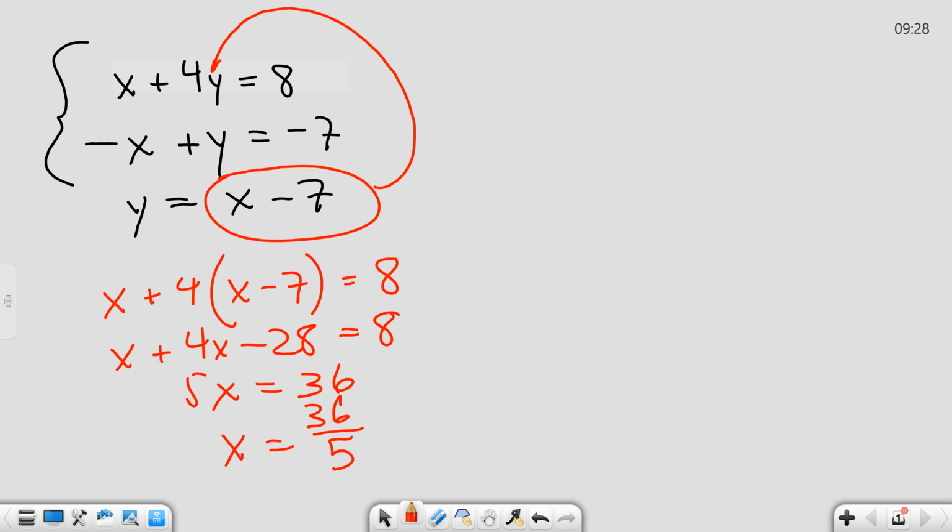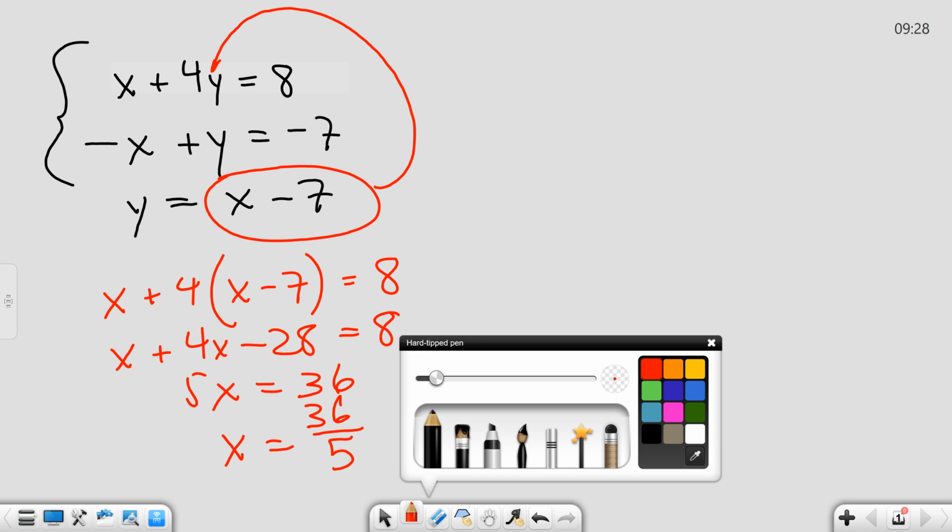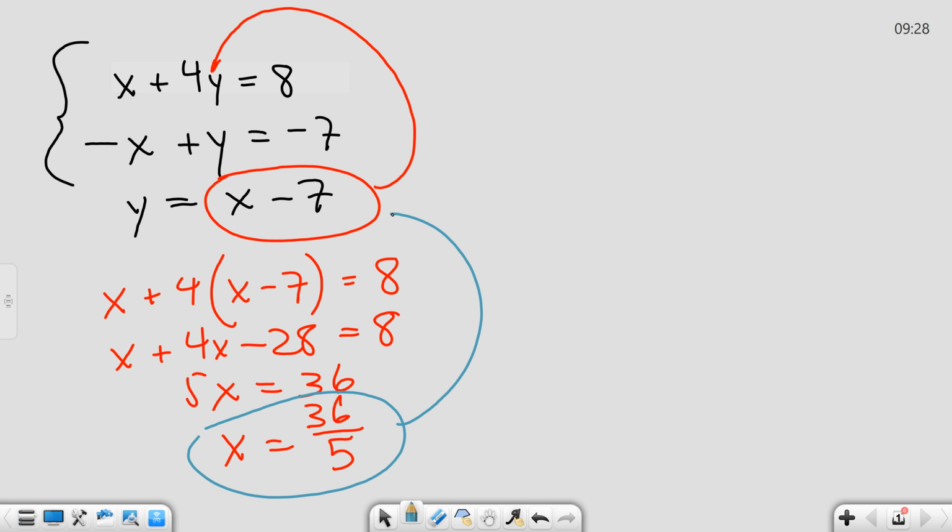How do I find y? Does it matter where? No. I can pretty much plug it in anywhere. You probably want to plug it in somewhere easy. Like I would do it probably there. And then that would give you y. Okay. So that one doesn't turn out so nice.